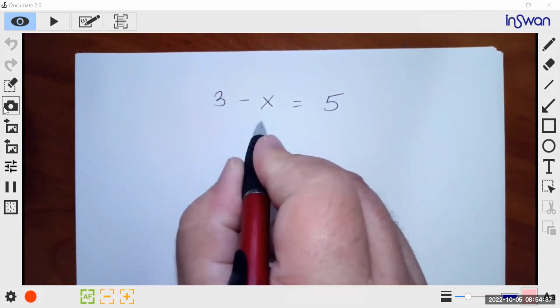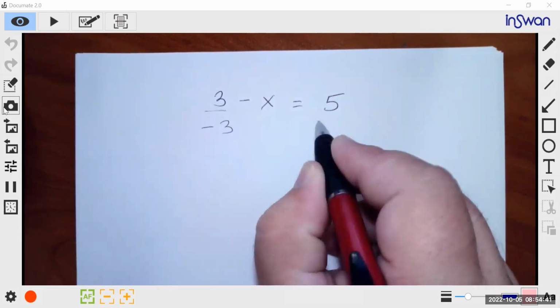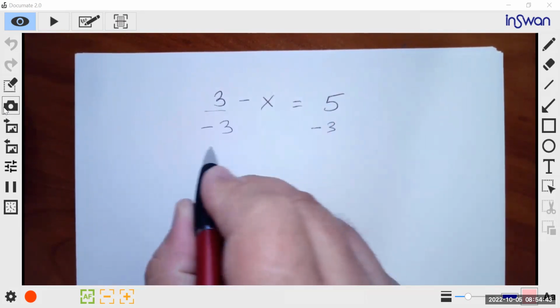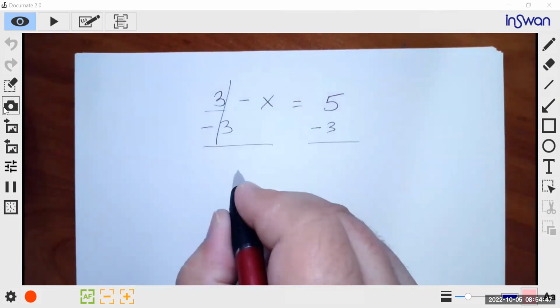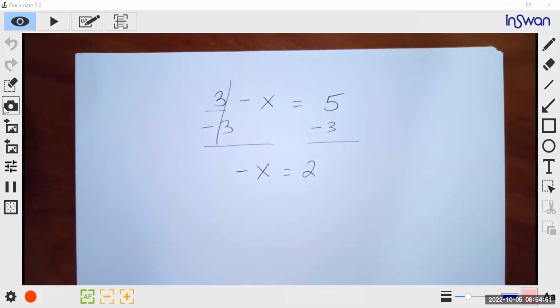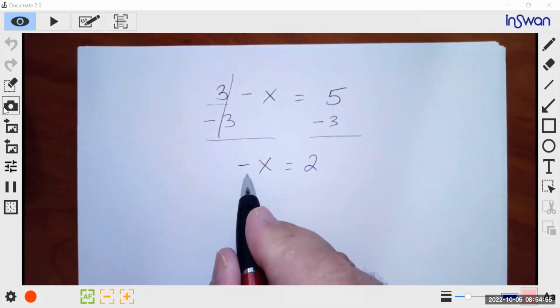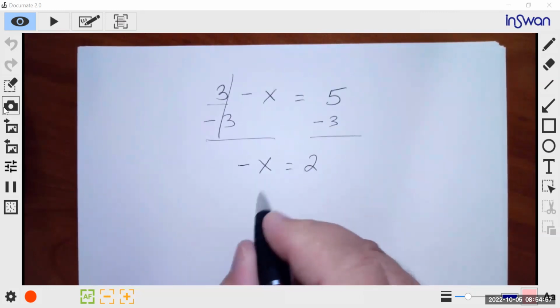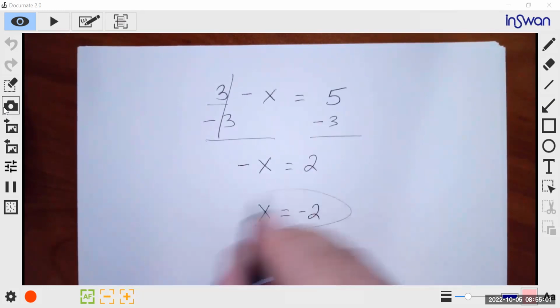All the x's on one side, right? So let's get rid of non-x's. Let's get rid of the 3. Since that's positive, we have to subtract. 5 minus 3 is 2. There's a negative coefficient in front of x. So what do you do here? Just change the signs and you're done.